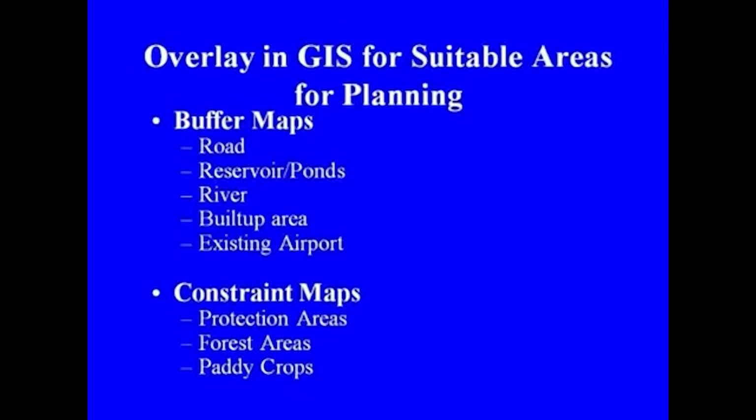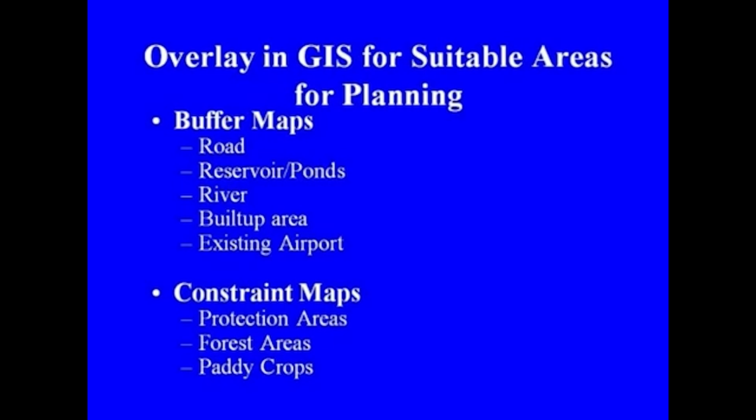Having had these buffers created, the next step is to undertake the process of overlaying of the different buffer maps which have been created. The buffer maps which were created were for roads, reservoirs and ponds, river, built up areas and existing airports.